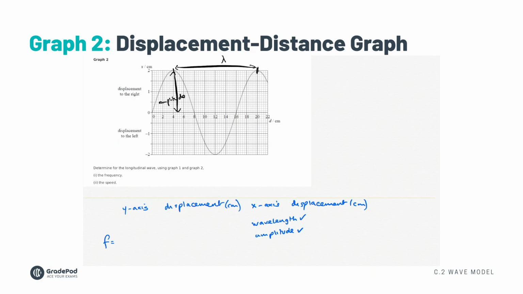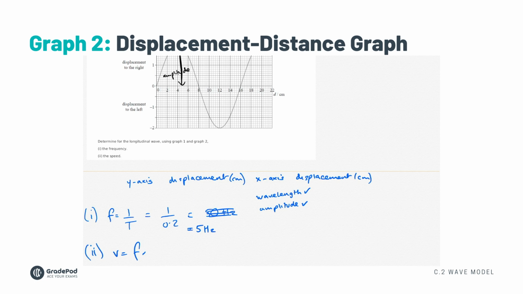So f is equal to 1 over T. So 1 divided by 0.2 is 50 Hertz. Oh no, it's not 50. It's 5 Hertz. Apologies.